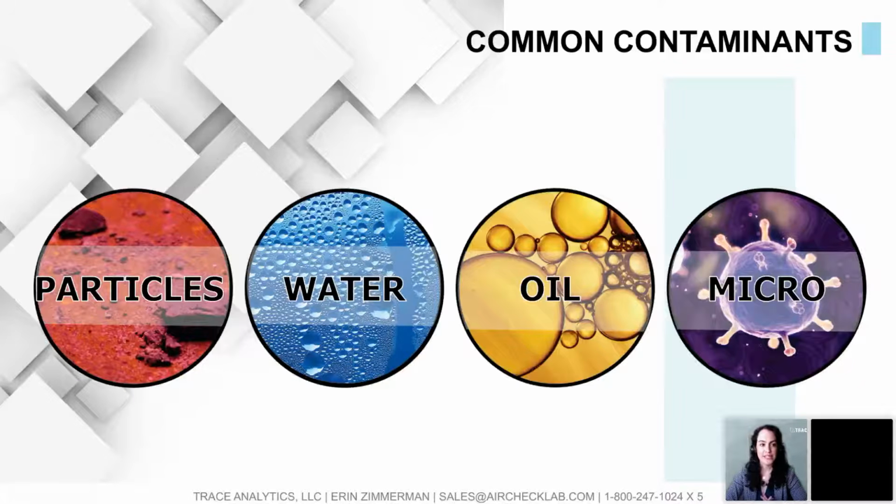So at Trace Analytics, we can provide, and do provide, a few different types of analysis. So the first one is enumeration. That is a total plate count. That is, we look at the plate and just let you know how many colonies may or may not have grown on it.